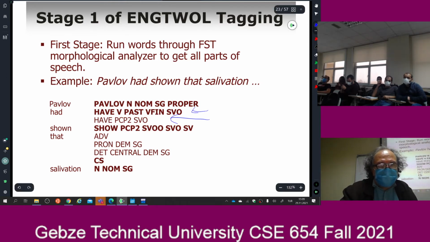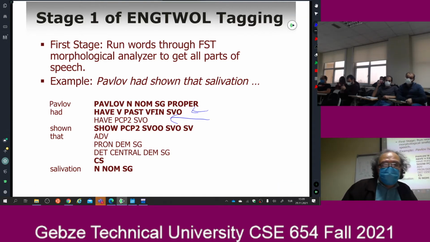So for this one, noun, nominal, singular and proper, it told me. This one is have, a verb, past tense, etc. I did this, so I have all the possible tags. Remember, the morphological analysis tools will give you many alternatives.